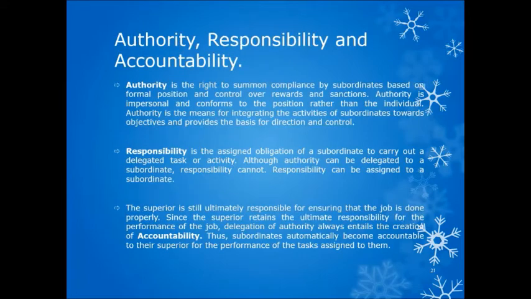There are various differences among the words authority, responsibility and accountability. Authority is the right to demand compliance by the subordinate based on the formal position. Responsibility is the assigned work to the concerned person.